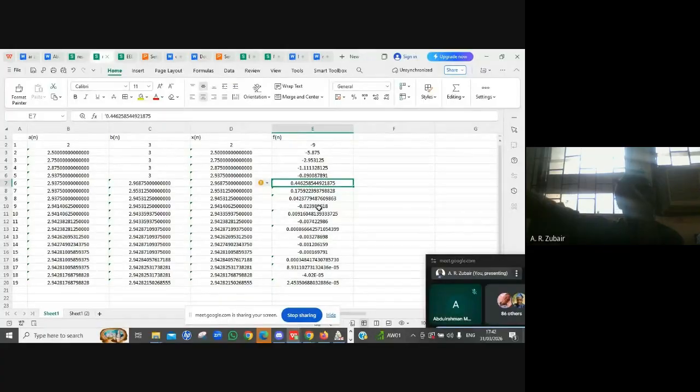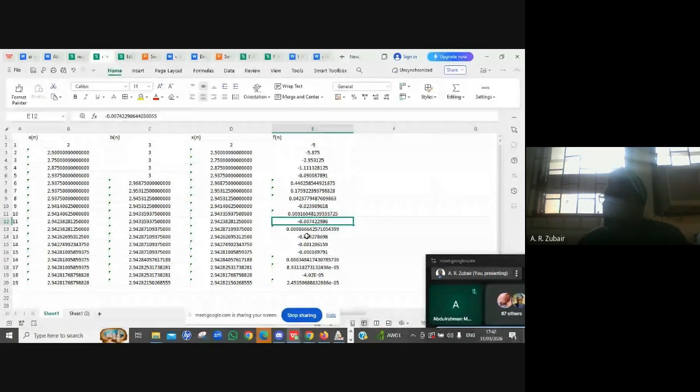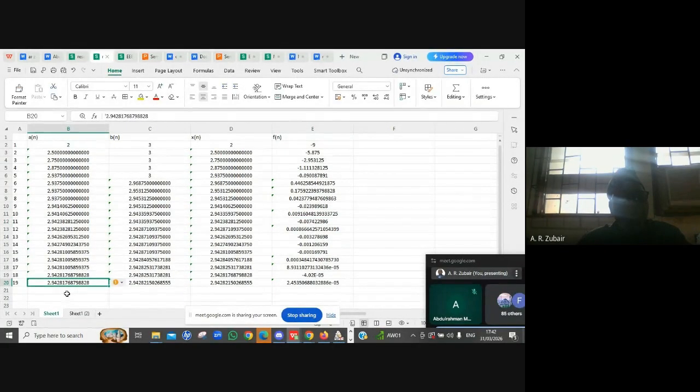When you are going, you pass your bus stop, and then you are coming back, you still pass it. So whenever it's changing from minus to plus, or plus to minus, we are redirecting the solution. Now, the attempt here after 19, we are correct up to 4 decimal places.